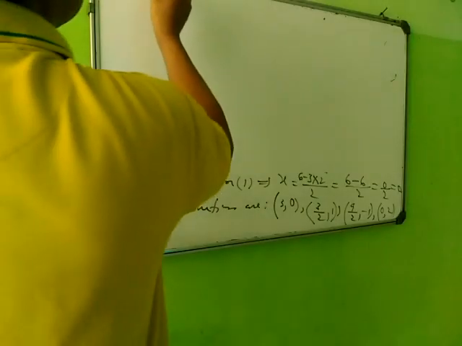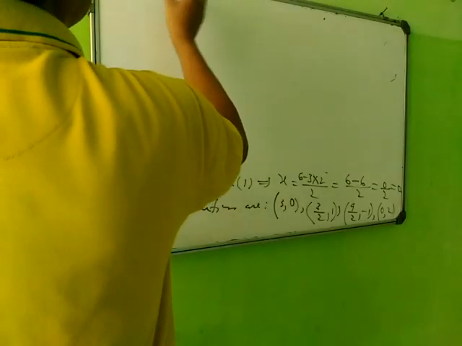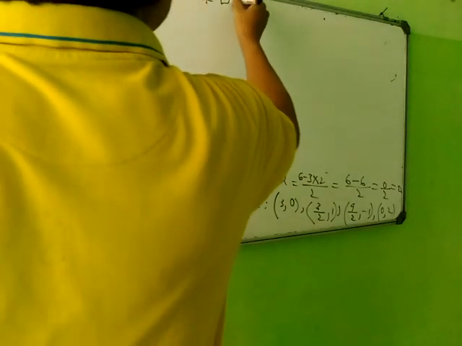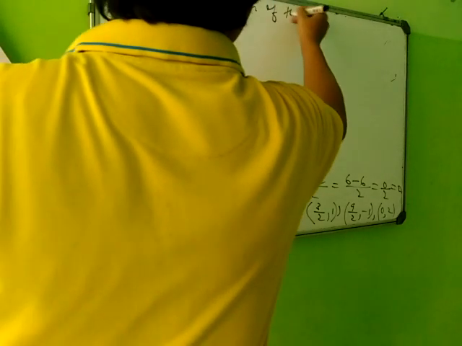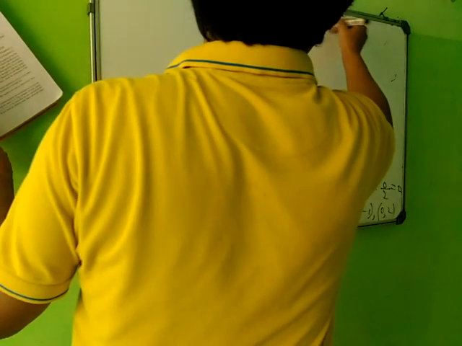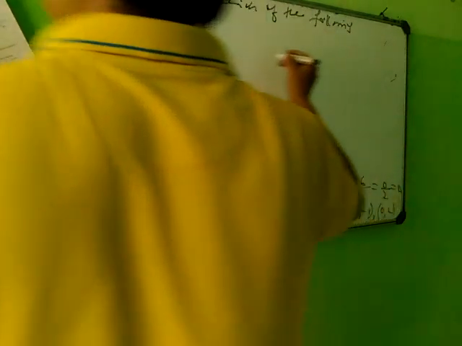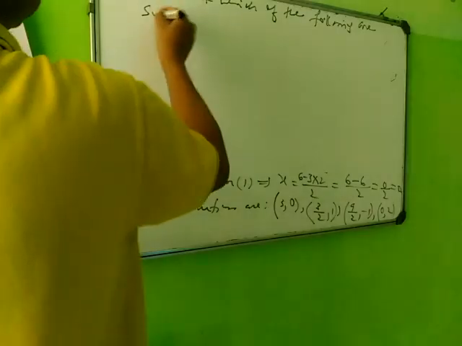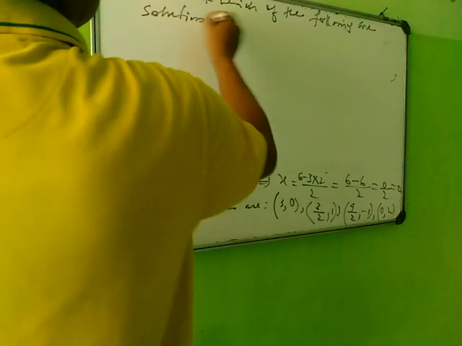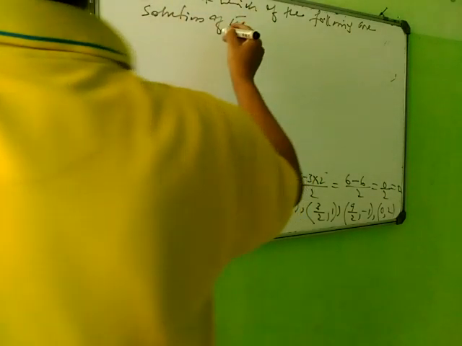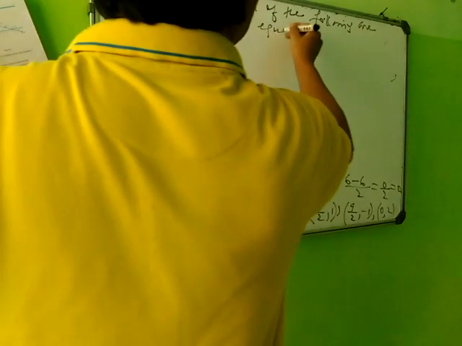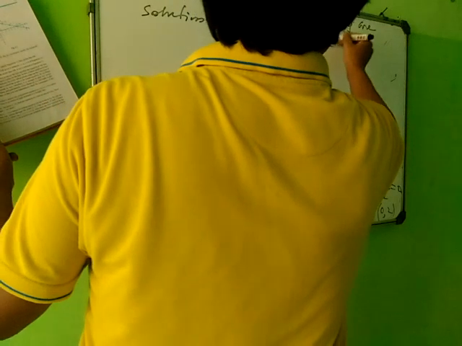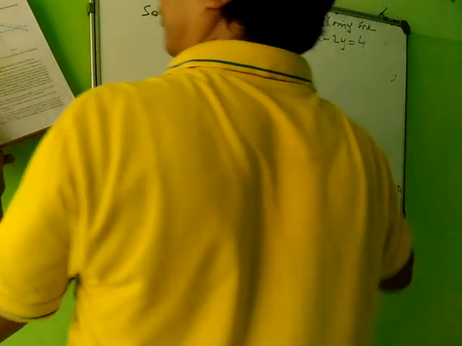Let us take question number 3. Check which of the following are solutions of the equation x minus twice y is equal to 4.